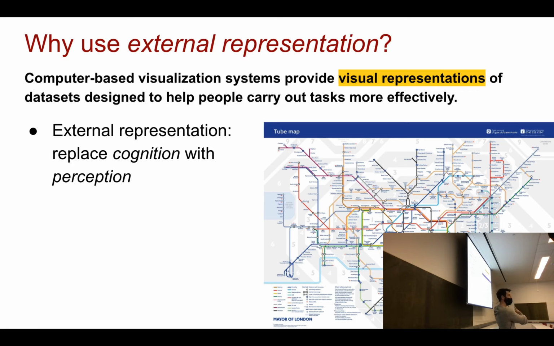I can just look at the map again and replace my cognition, my memory, with perception. I can say, oh right, these are the stops I need, and here's the station change I need to make. So it's a visual representation that provides external representation.